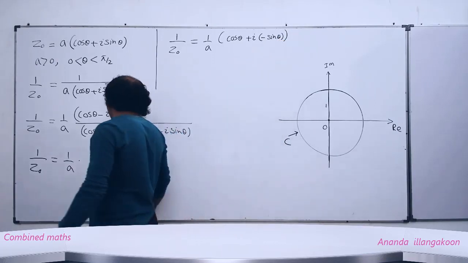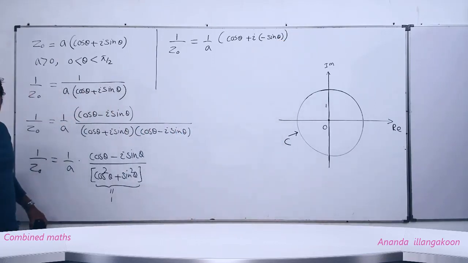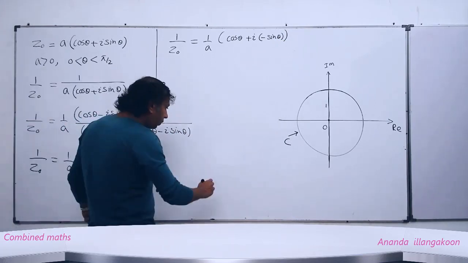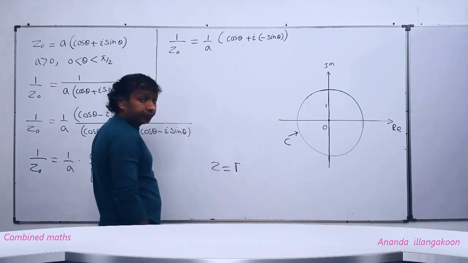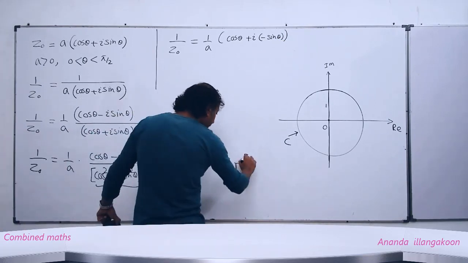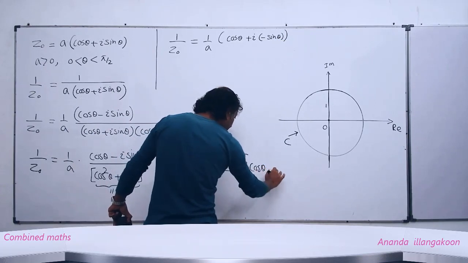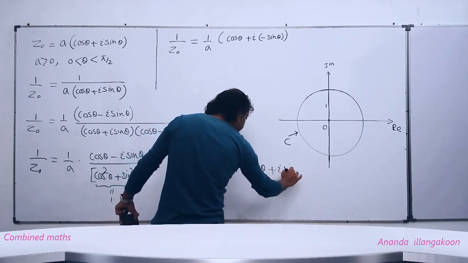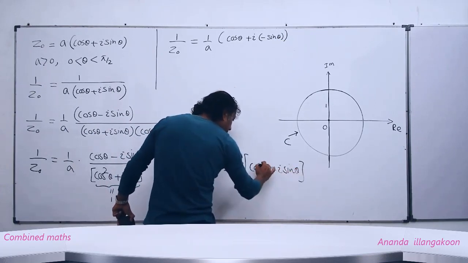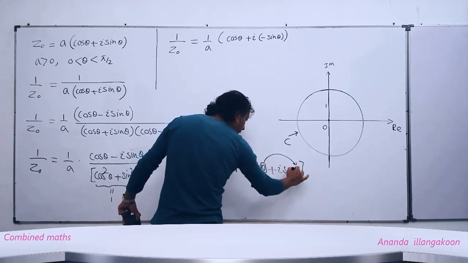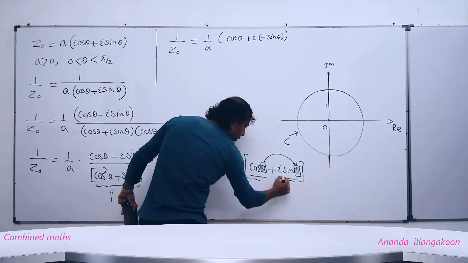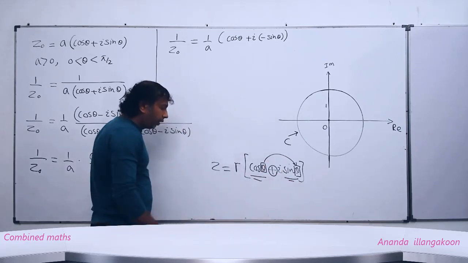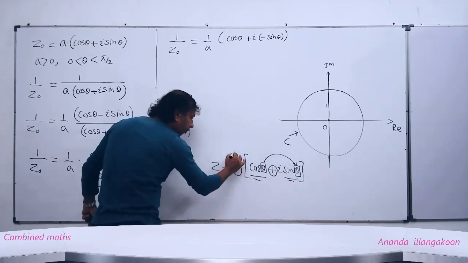People, always remember whenever we keep a complex number in polar form, we should have the form r, a positive value, times cos theta plus i sin theta. The same angle should be in both terms, and between these two terms we should have a plus sign, and this figure should be positive.